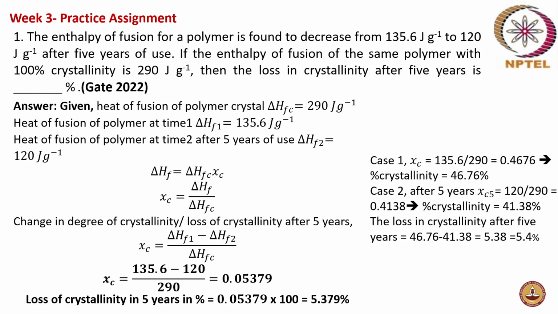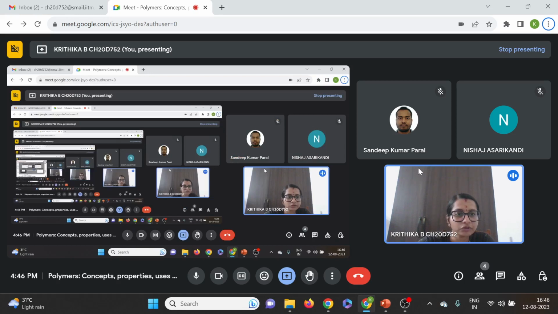So initially it was having 46.7% of crystallinity, and after 5 years, when the heat of fusion became 120, the percentage crystallinity reduced to 41.38%. So the loss of crystallinity, again you can just subtract the initial crystallinity minus the final crystallinity, which will give you approximately 5.38%. Okay, you're clear, both of you, Nishaj and Sandeep?